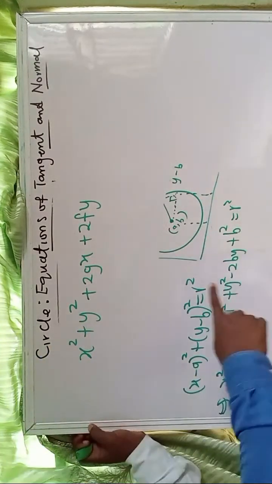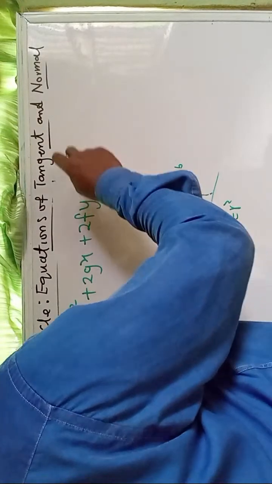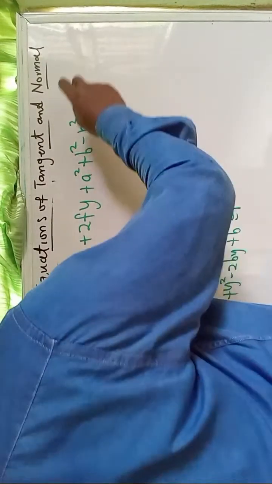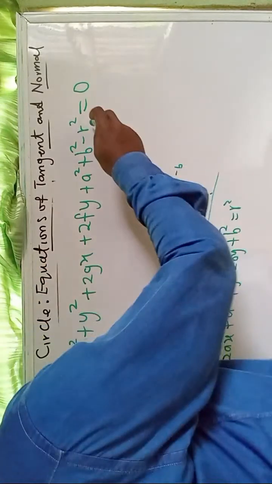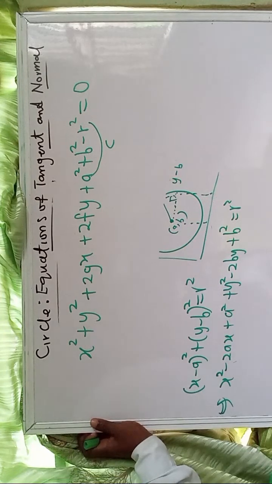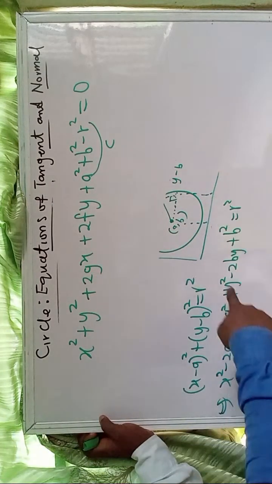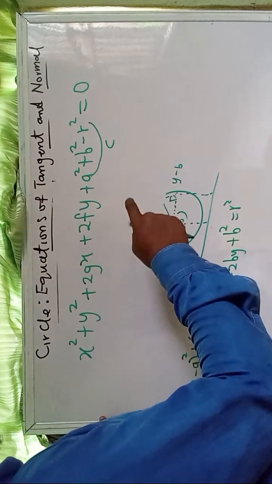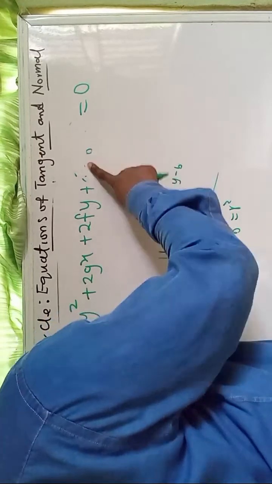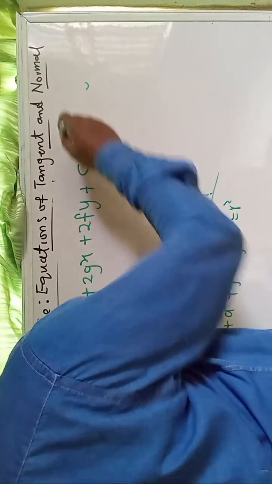All other terms left there are plus a squared plus b squared minus r squared. Everything here, let it be c. So whatever is there will be plus c equals 0.